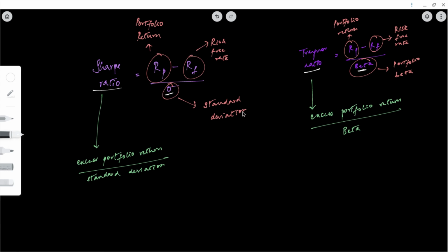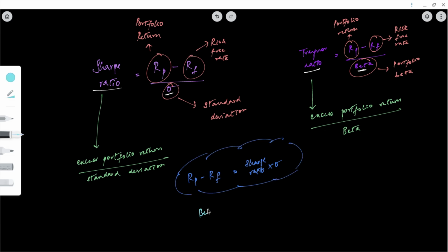First, Sharpe ratio is RP minus RF by standard deviation, and I have these both. So I can find RP minus RF is equal to Sharpe ratio into standard deviation, right?